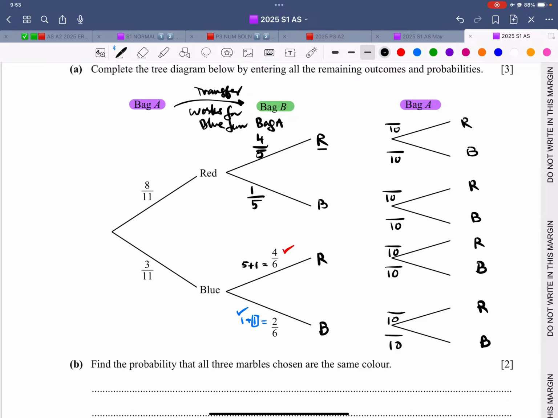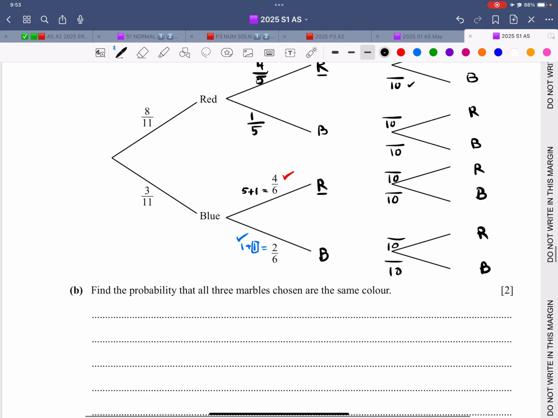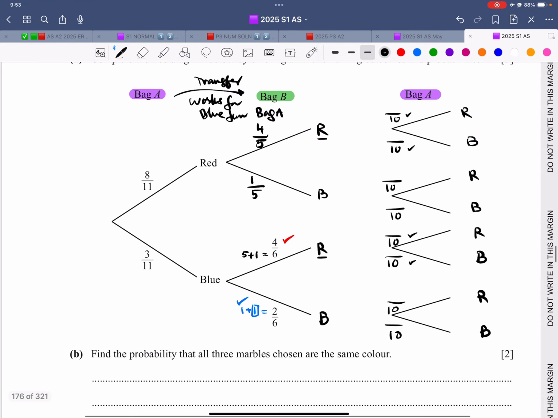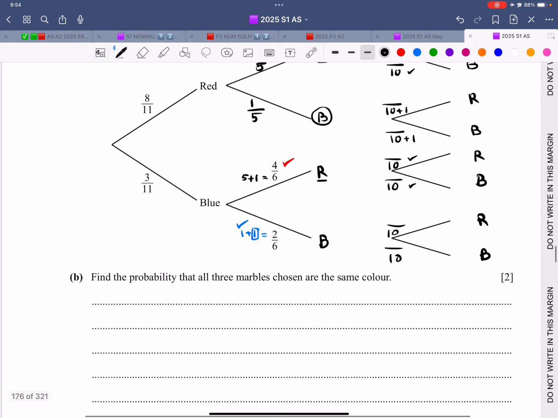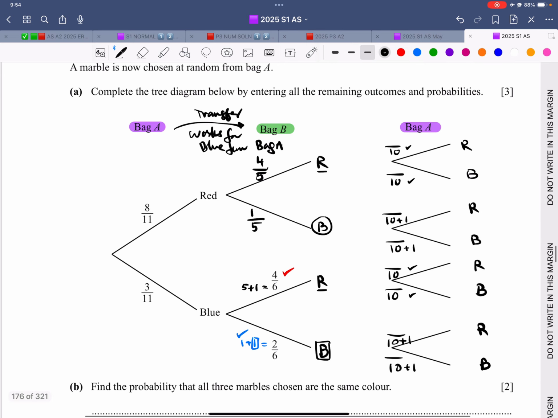With red, nothing is happening. So 10 remains as 10, 10 remains as 10. Now with blue, everything happens. So this 10 becomes 10 plus 1, this becomes 10 plus 1, this becomes 10 plus 1 because of the blue, and this becomes 10 plus 1. Got the idea?